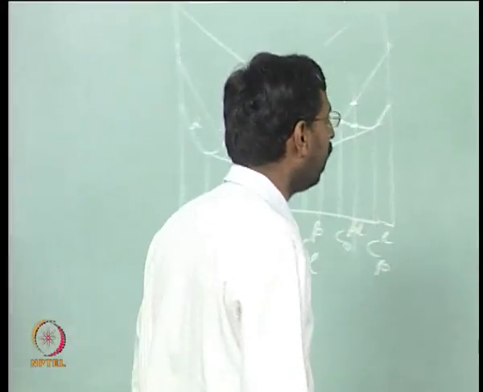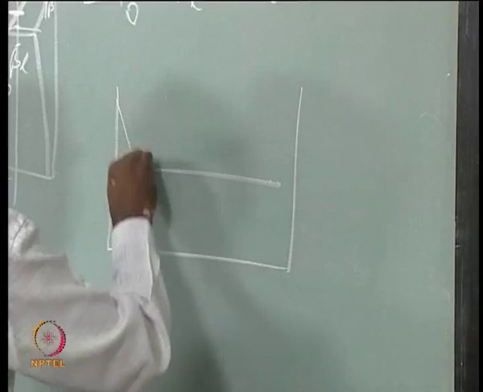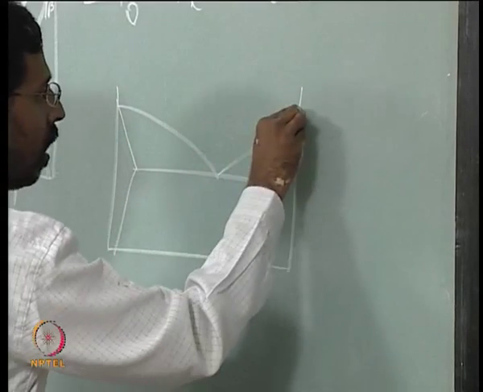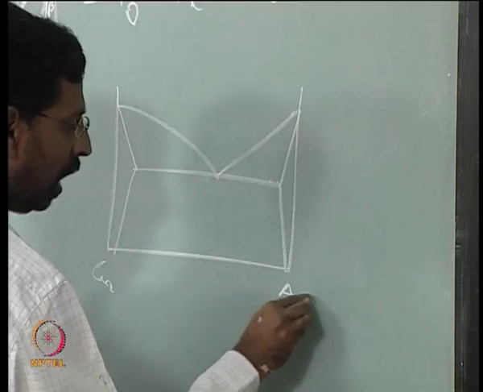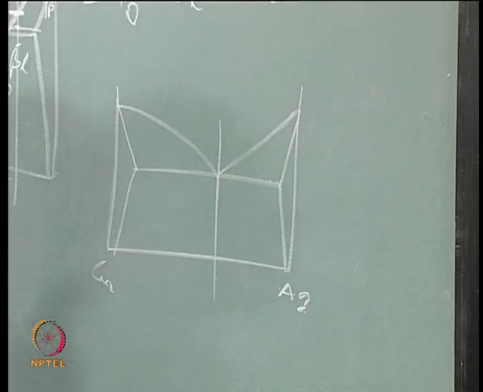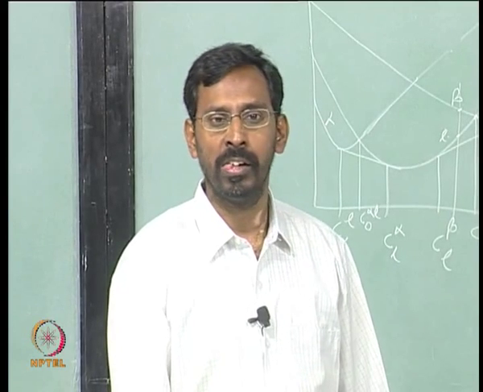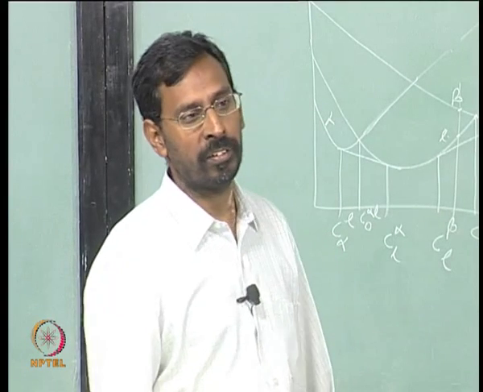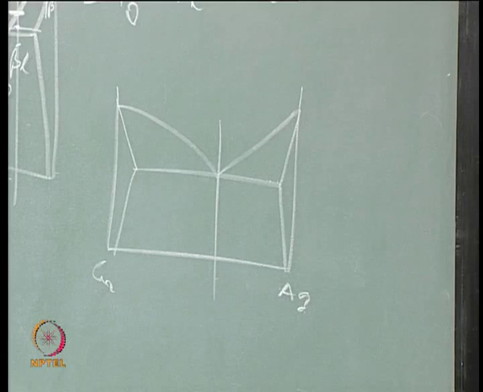For example, he simply took a copper silver phase diagram, and he took a eutectic alloy and cooled it rapidly. When he cooled it rapidly, he found that this eutectic alloy gave only a single phase structure rather than a two phase structure. It is supposed to give a two phase alpha plus beta, whereas he got a single phase structure.